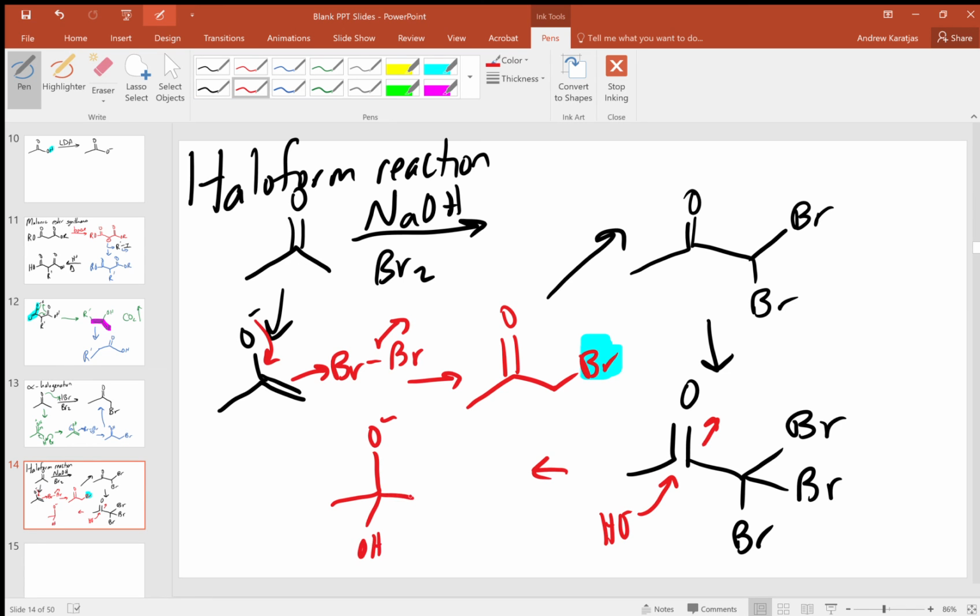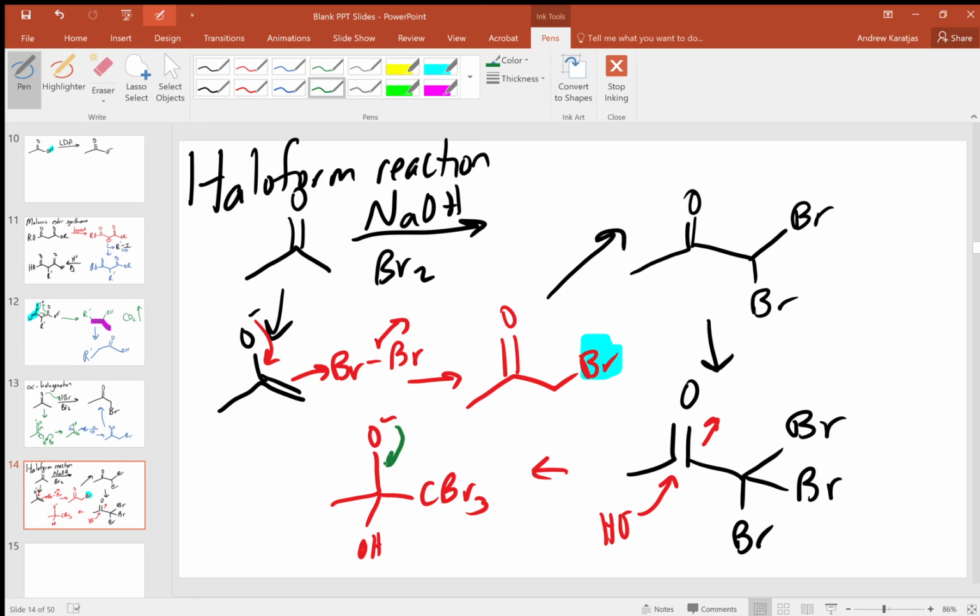Now, we've seen plenty of cases of hydroxide attacking carbonyls before, and we always say that reaction is not a big deal because it's very reversible and actually favors the starting material. Unless we have a good leaving group. And CBr3-, because it's got all of those electron withdrawing bromines, is good enough to function as a leaving group.